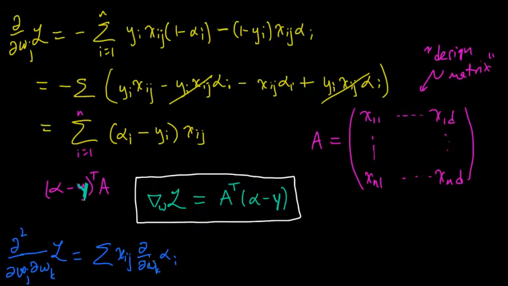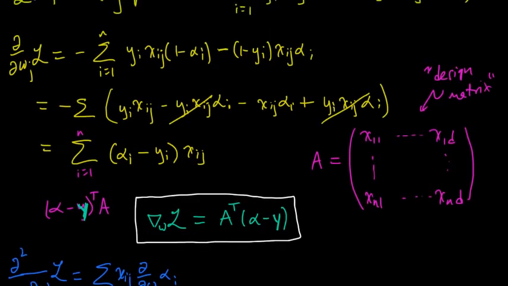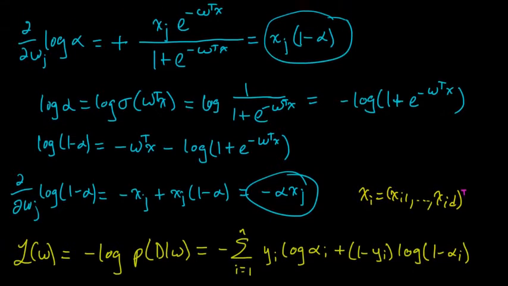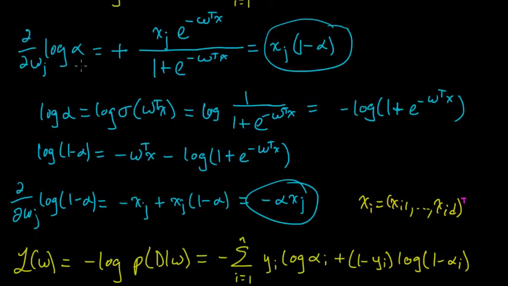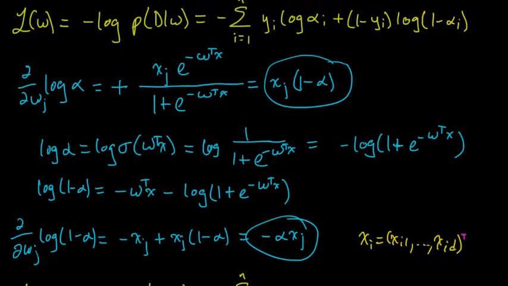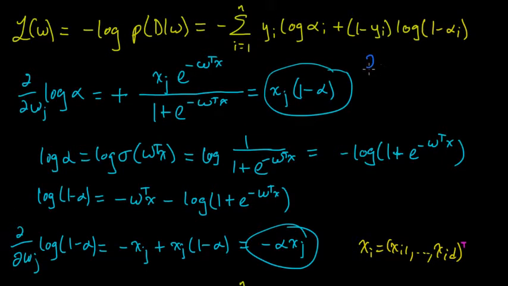So let's figure out what that is. What is the derivative of that? Well, we already figured out up here what the derivative of log of alpha was, and now we want to get the derivative of just alpha. So the derivative of log of alpha is, of course, the derivative of alpha over alpha.